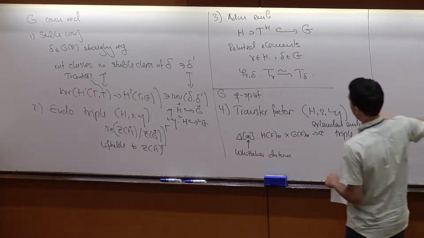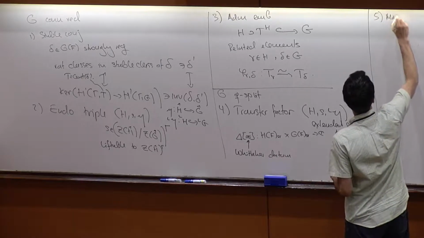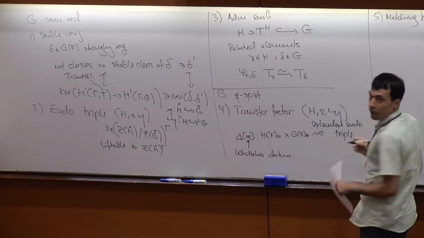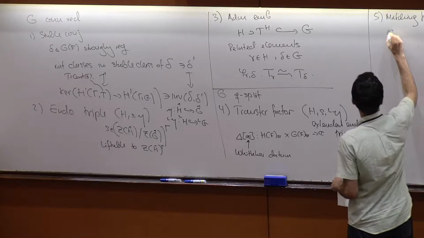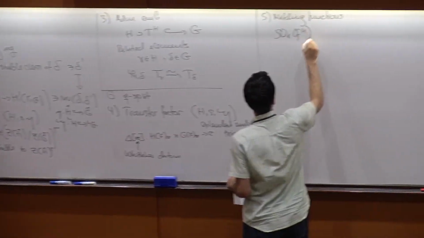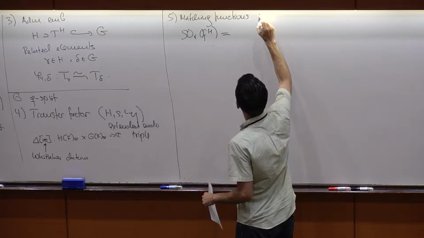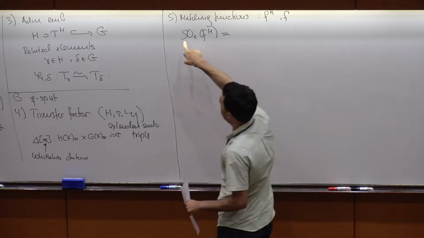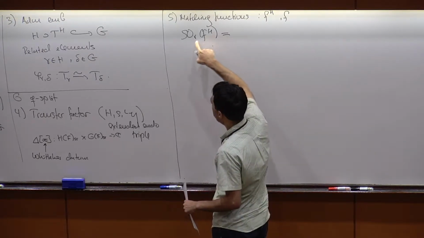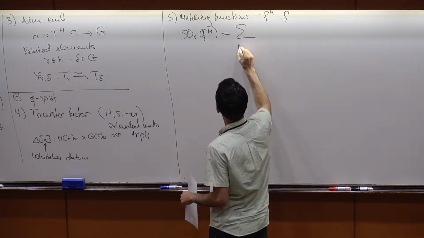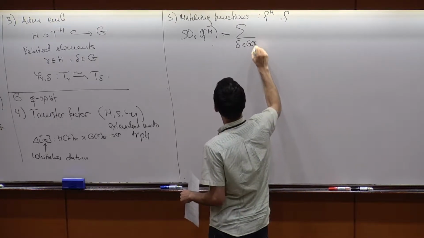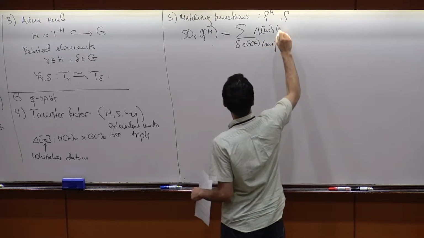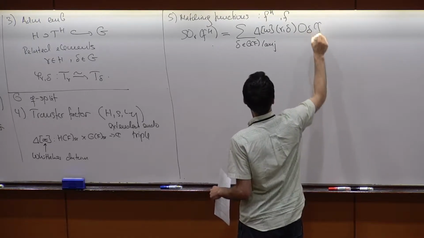And then we defined the notion of matching functions. And that was defined by matching of orbital integrals, namely two functions f^H and f, one on H and one on G, are matching if the stable orbital integral of f^H at an element gamma is related in the following way to the orbital integrals of f.